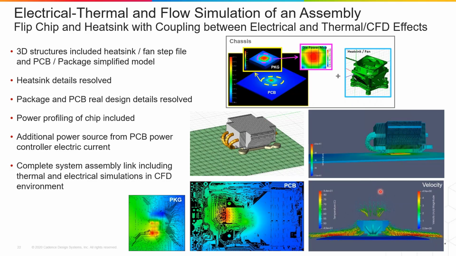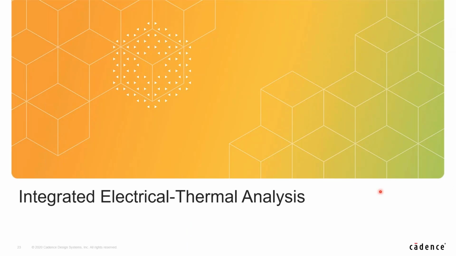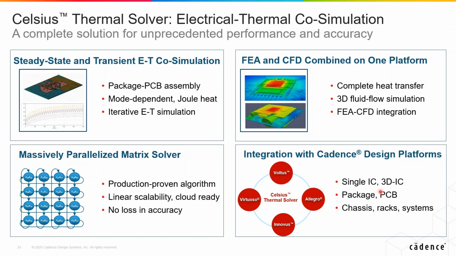So this would be another example of how we can do system level thermal analysis. All those examples actually are performed by an integrated electrical thermal analysis tool we launched last year. We call it Celsius Thermal Solver. Just a wrap up of these features in Celsius Thermal Solver.